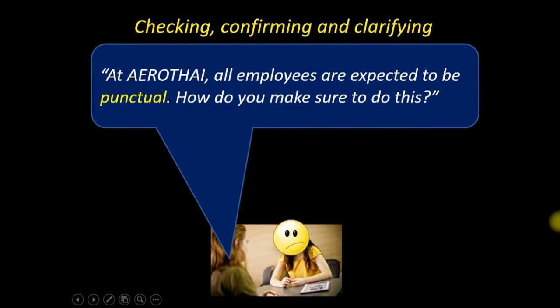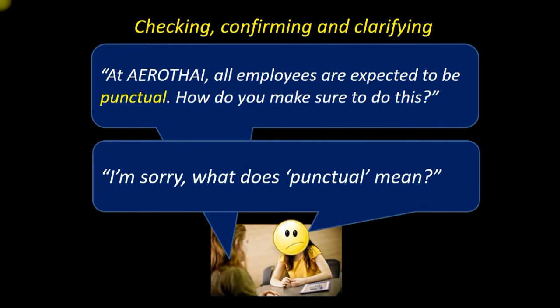Or if you just don't know at all, I'm sorry, what does punctual mean? Remember that it's better to ask questions when you're not sure than to guess and give the wrong answer. Because after all, language is about communication. Better to ask questions. So that's it for today's lesson on circumlocution and paraphrasing.